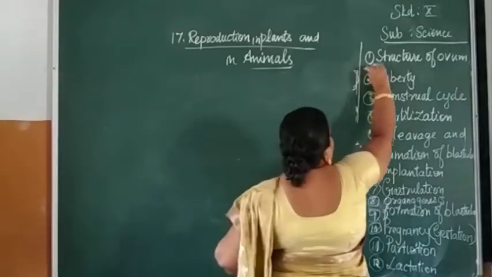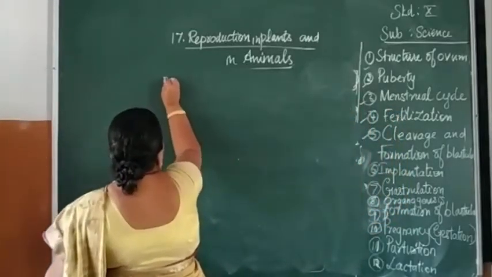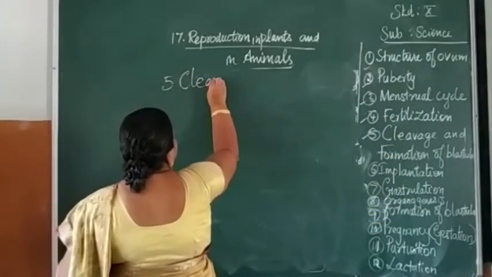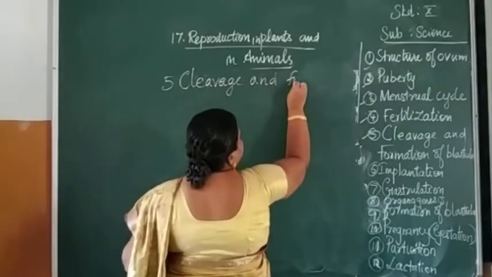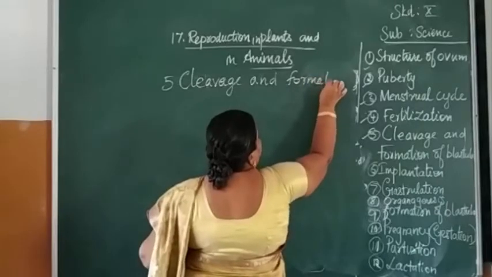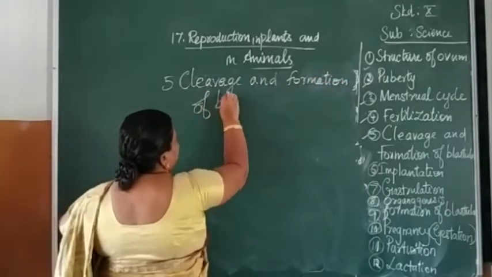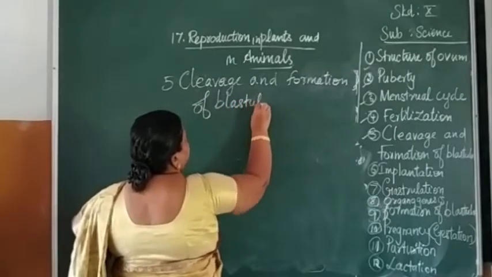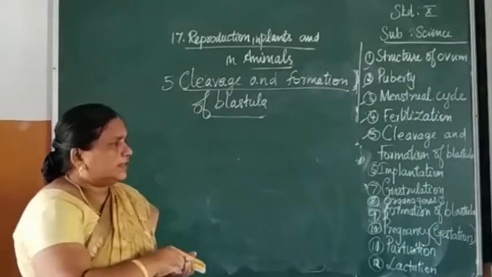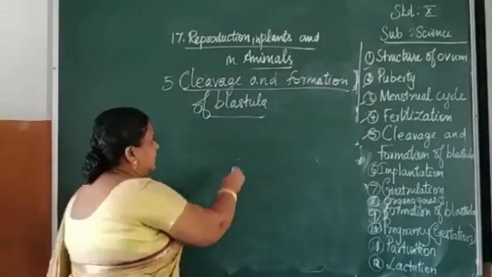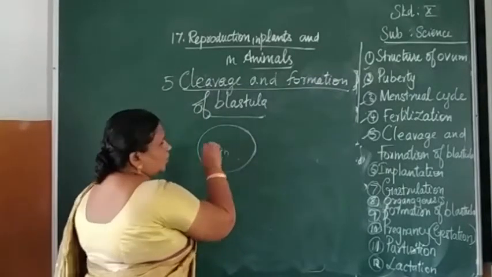So up to here we completed 1, 2, 3, 4. We are coming to the fifth one, cleavage and formation of blastula. When the zygote is formed, imagine this is the zygote with 2n chromosomes.